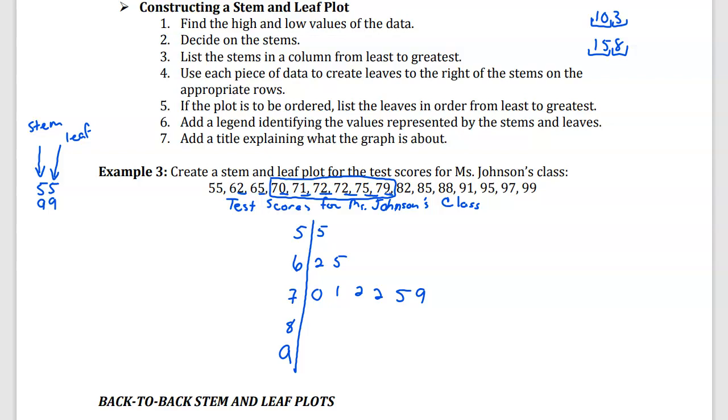Even if they occur more than once, I need to put that last digit more than one time, because I need to have the same number of leaves as I do original data points. Then for the 8, I'll have a 2, a 5, and an 8. And for the 9, I'll have a 1, 5, 7, and 9.